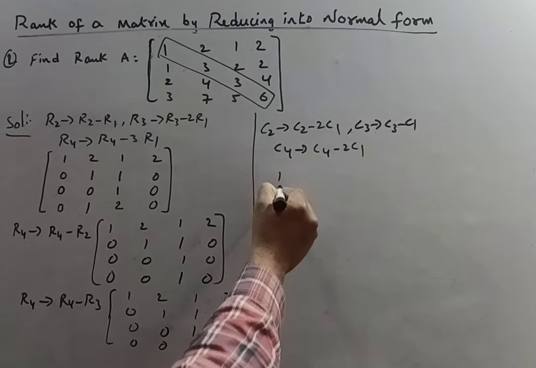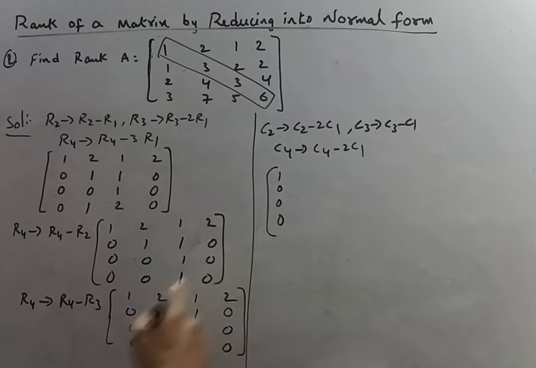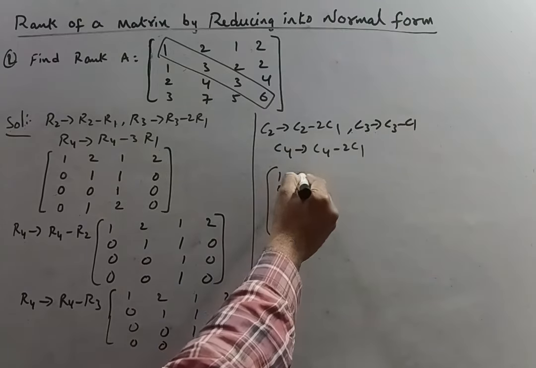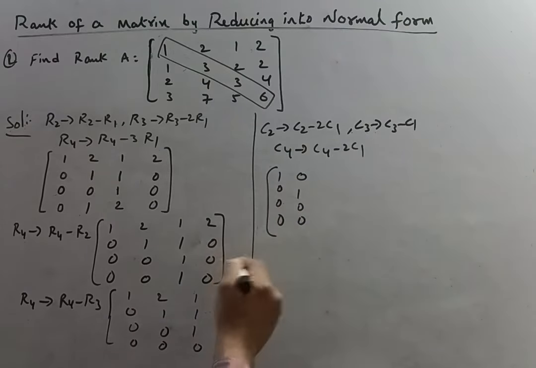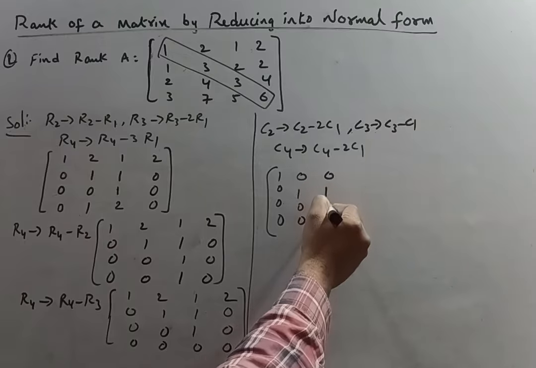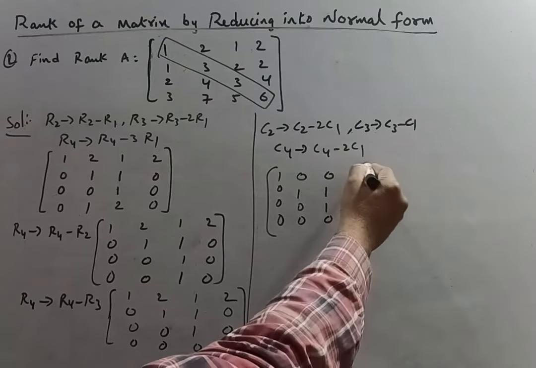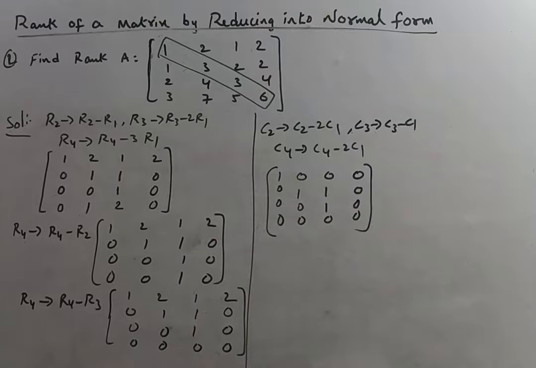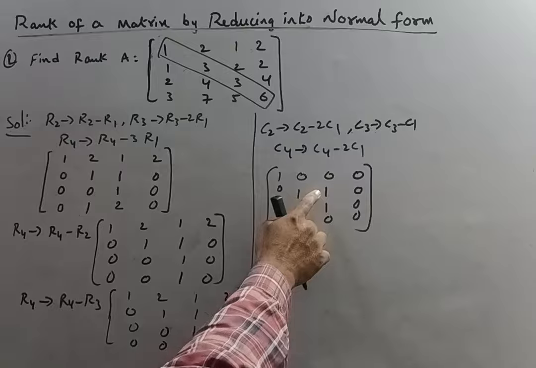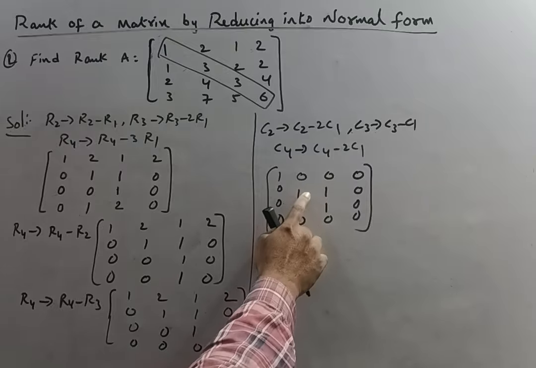So 1, 0, 0, 0. So 2 minus 2, 0, 1, 0, 0. 1 minus 1, 0, 1, 1, 0. 2 minus 2, 0, 0, 0, 0. Correct? So above the diagonal. Next, where we have to make 0? Here. So there is one element. So use C2.